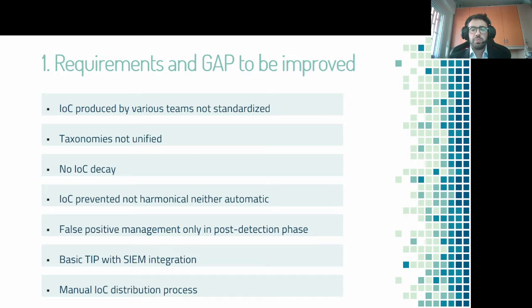Management of false positives only after detection. It may happen that in some bulletins or feeds there are clear false positives. A basic, deep threat intelligence platform with integration with the SIEM and enrichment of IOCs is not present. And last, malware distribution and the sharing of IOCs.